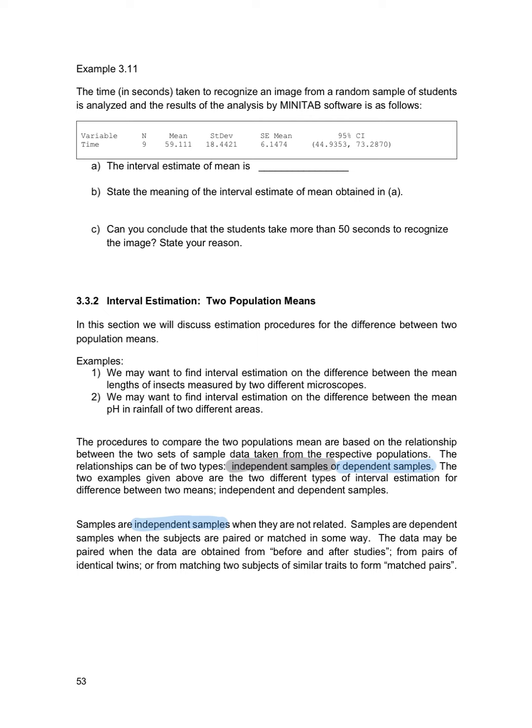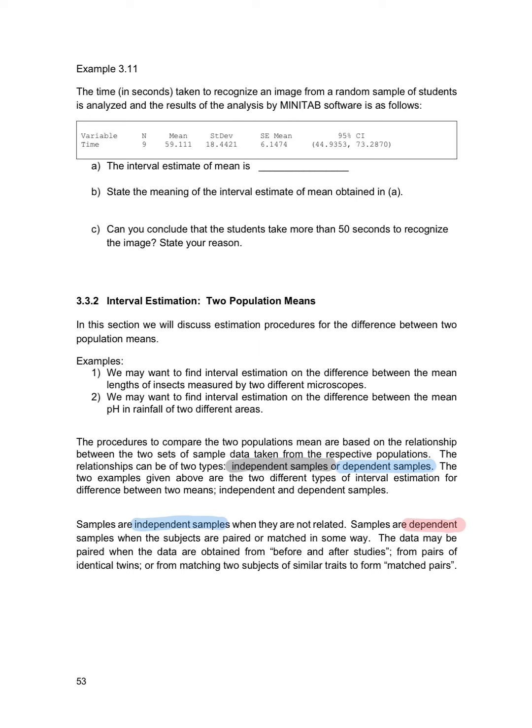But for the dependent sample, it means that the subjects are paired or matched in some way.